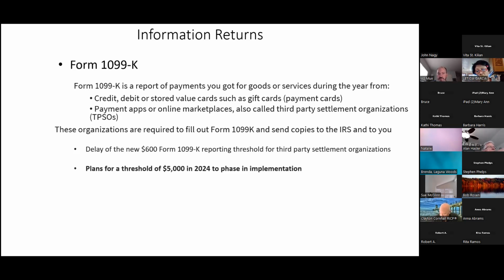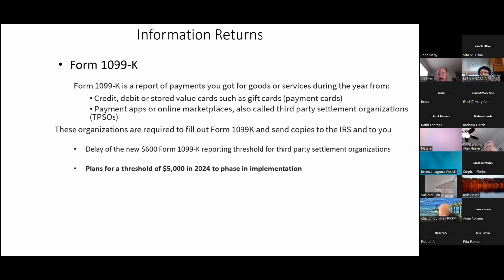Now, the rules for 2024, coming up pretty quick, is that the IRS plans a threshold of $5,000, which means if someone has provided goods and services to the tune of $5,000, then there's a requirement for the 1099-K to be issued.